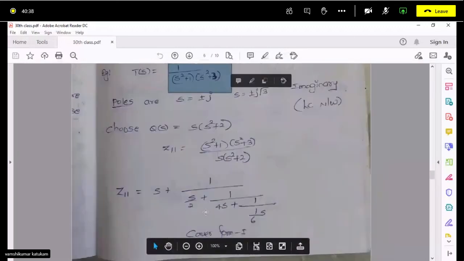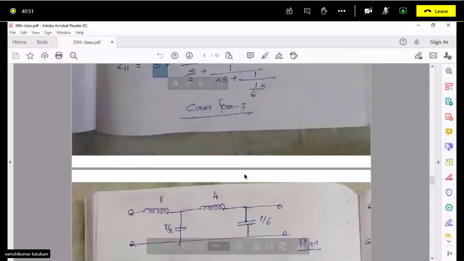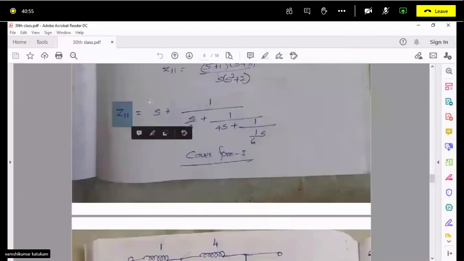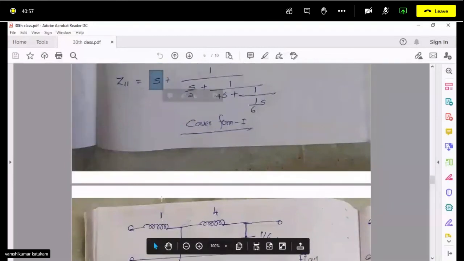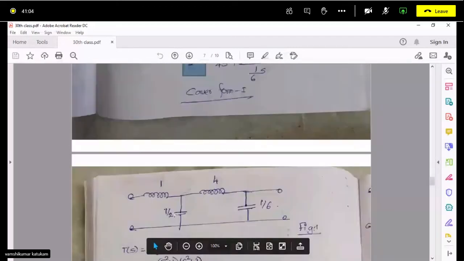If you remember, in Cauer form 1 you will have all s, not 1 by s. s is an inductor because the impedance starts with s, so you will get an inductor, and 1 by s is your capacitor. Again you have inductor and capacitor, because it is LC.